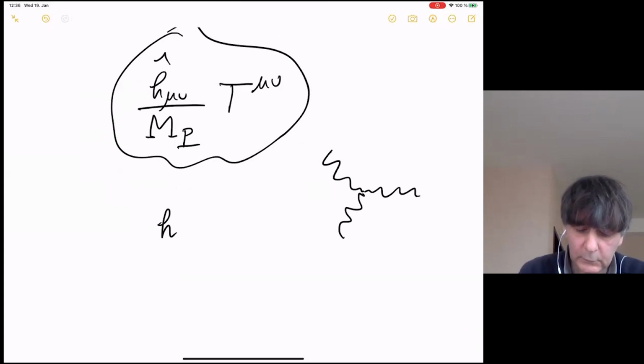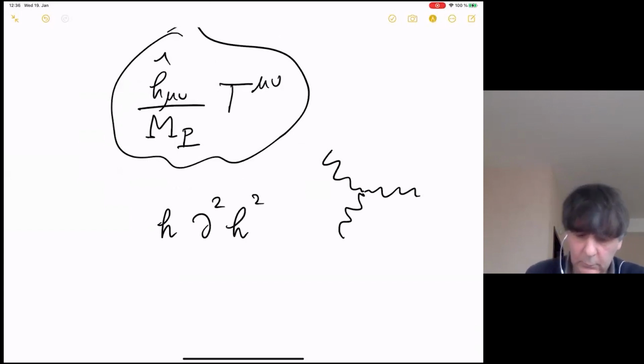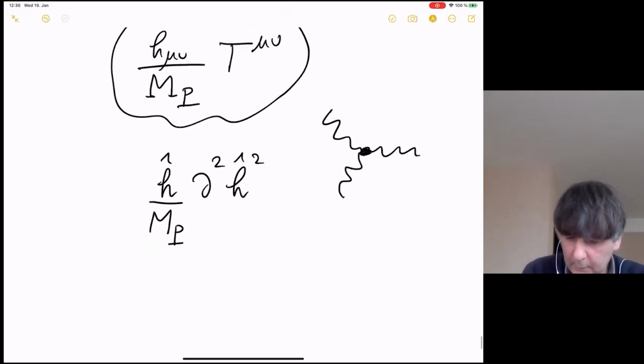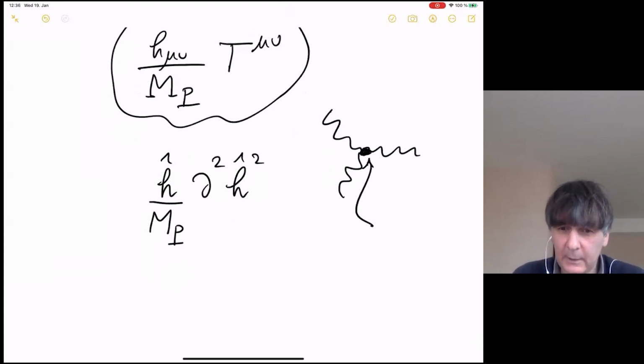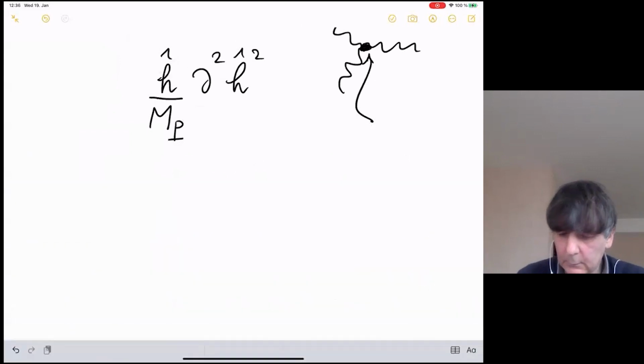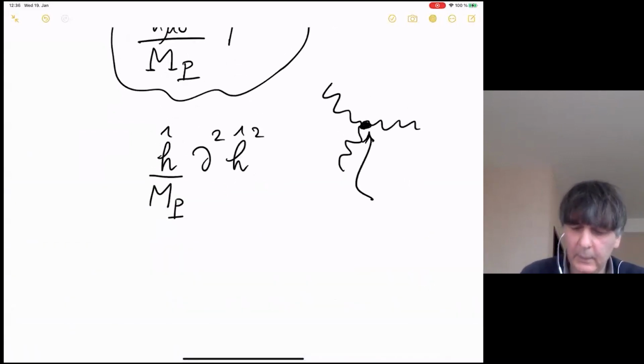So it contains 2 derivatives, 2 powers of the canonically normalized graviton, and then suppression by 1 over m Planck. In other words, there is an effective trilinear coupling of gravity, which is given by derivative divided by m Planck.